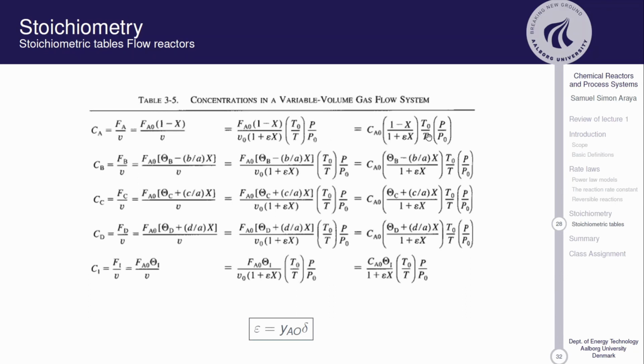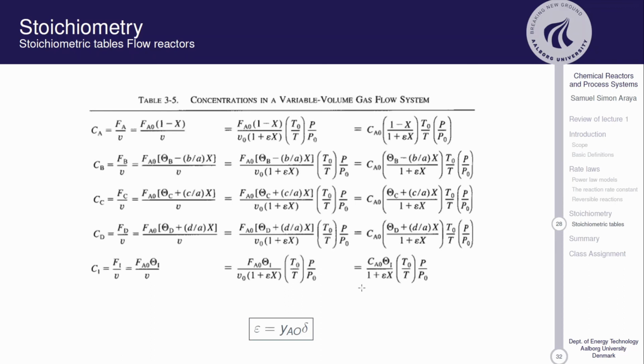But here you can see how the concentration is defined in terms of the initial concentration of A, and then all the changes in pressure and temperature that will cause the change in volume in the system. And we can see that for each and every species. And eta here in these expressions is basically the initial mole fraction of A times the delta, which we said is the total moles reacted per unit of A reacted.